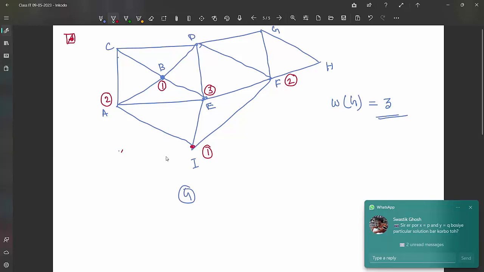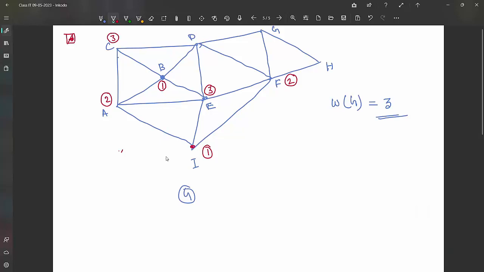Okay. Now C and D, you can give 3 to C, and you can't give 2 to D, right? Can you? No, because D is adjacent to F. You need another color to give here. So this is 4. After that, you can assign 3 to G and any of the others, 1, to H. So this is the coloring of the graph.